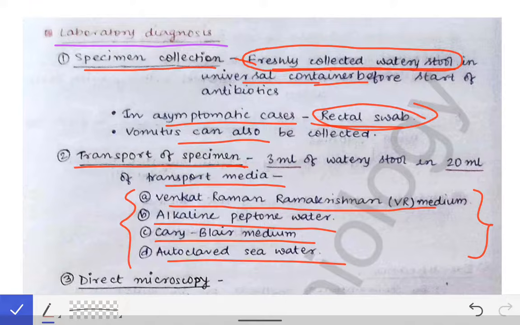We transport about 3 ml of watery stool into 20 ml of the media. So suppose if we are using this Venkatraman Ramakrishnan medium for transport of cholera fecal specimen, then we will take 20 ml of this medium and 3 ml of the watery stool. We will put this watery stool into that Ramakrishnan medium, and then we'll transport the specimen.